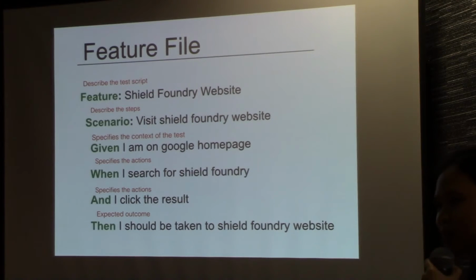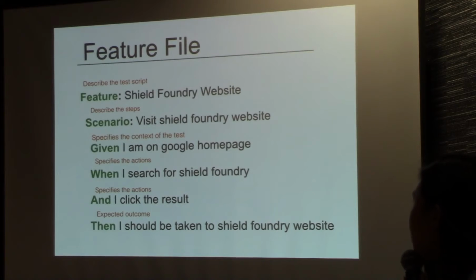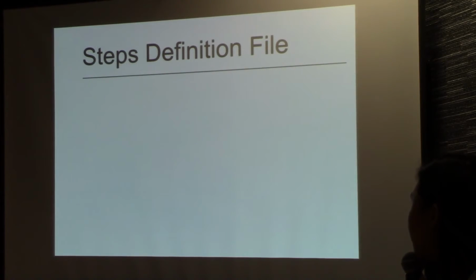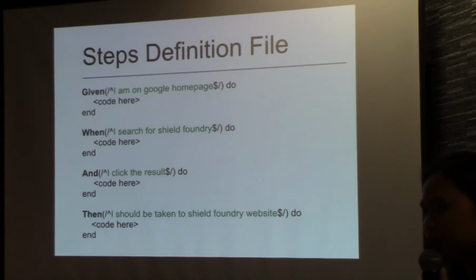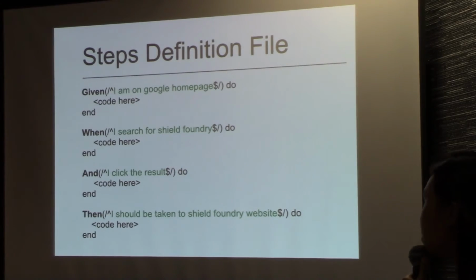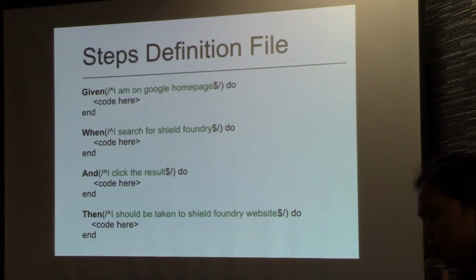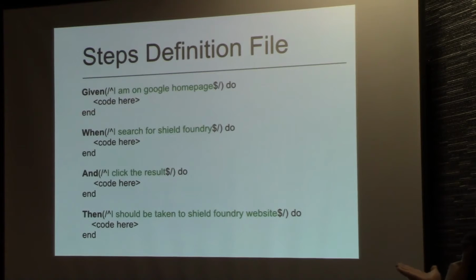And also, the feature file is used for non-technical members of the team, like BAs, PMs, for documentation. So let me show you an example of a step definition file. Well, as you can see, every step in your feature file will have a matching step in your step definition. So how can we have that step definition file?